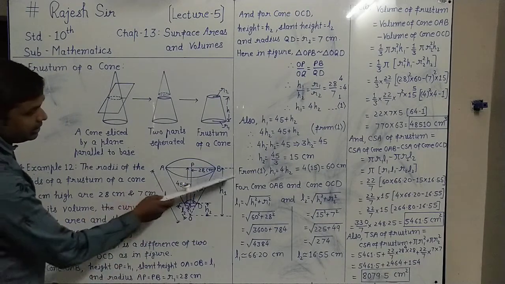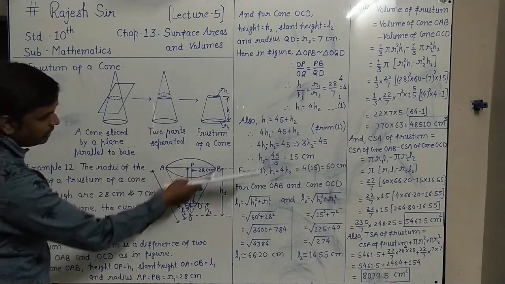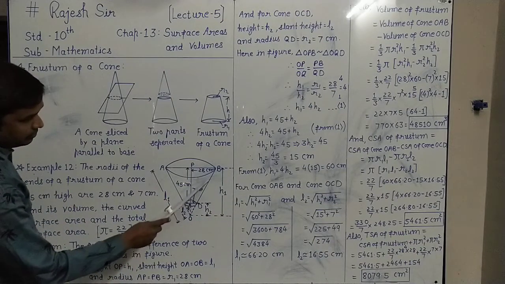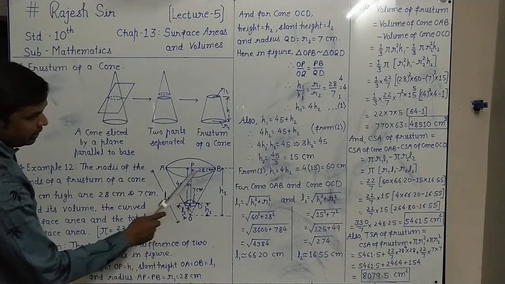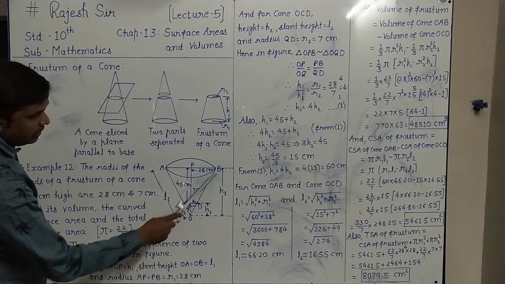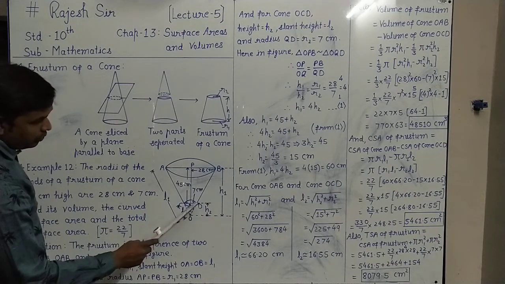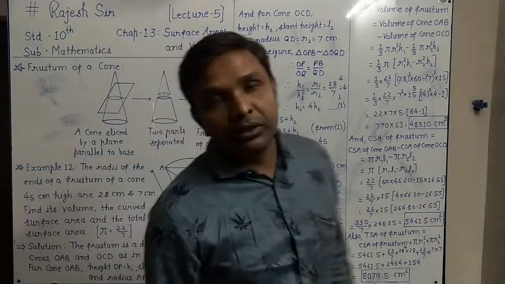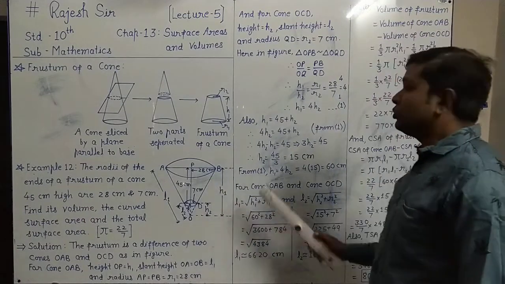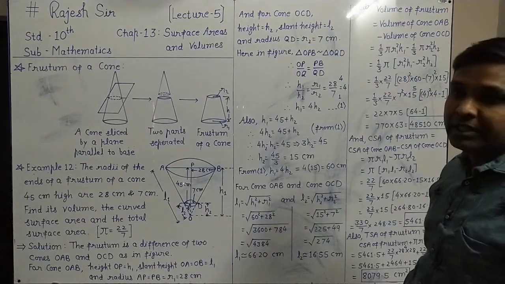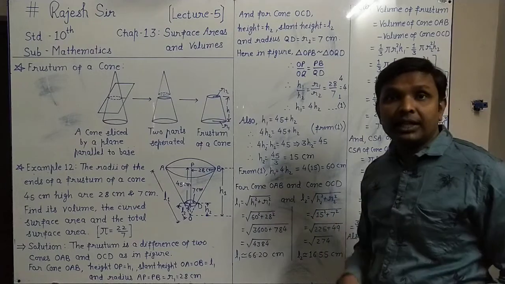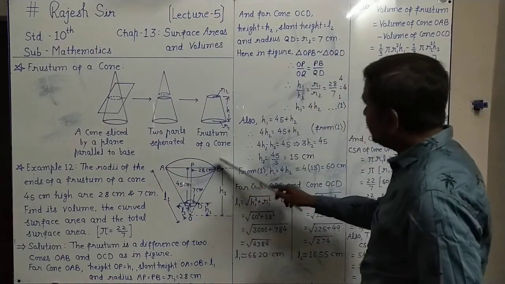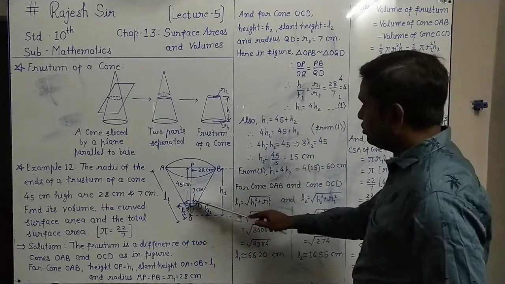And because AB and CD are parallel, angle PBO and angle QDO will be corresponding angles, and they will also be equal. If two angles are equal, by AA criteria they are similar triangles. So here we have written that triangle OPB is similar to triangle OQD.